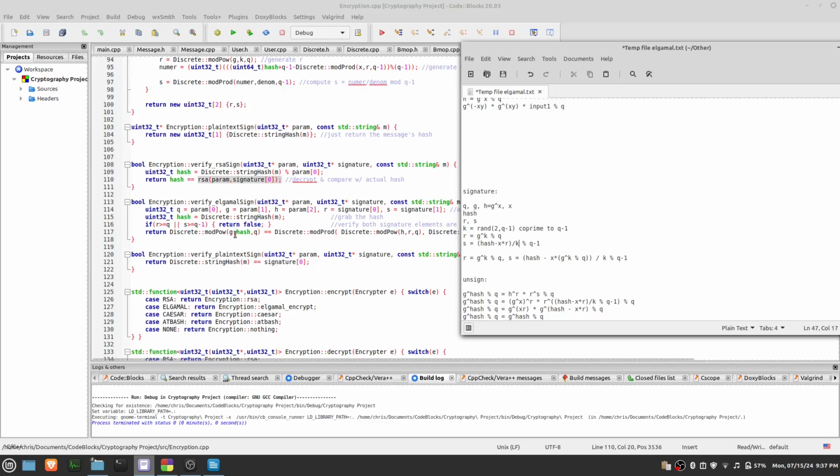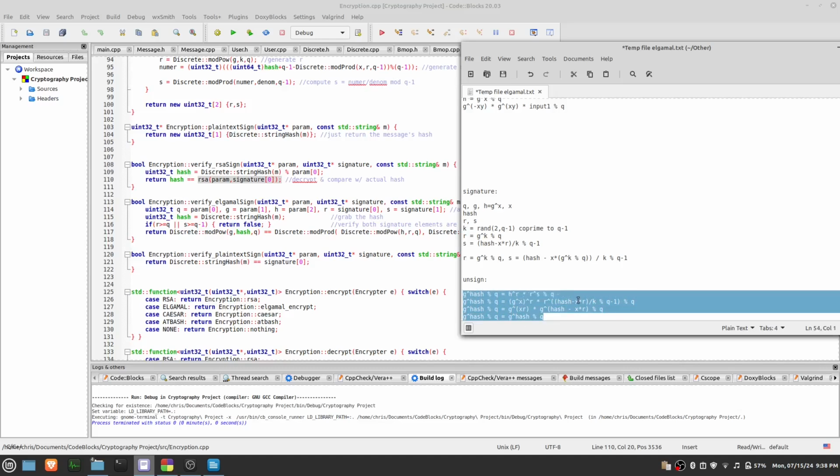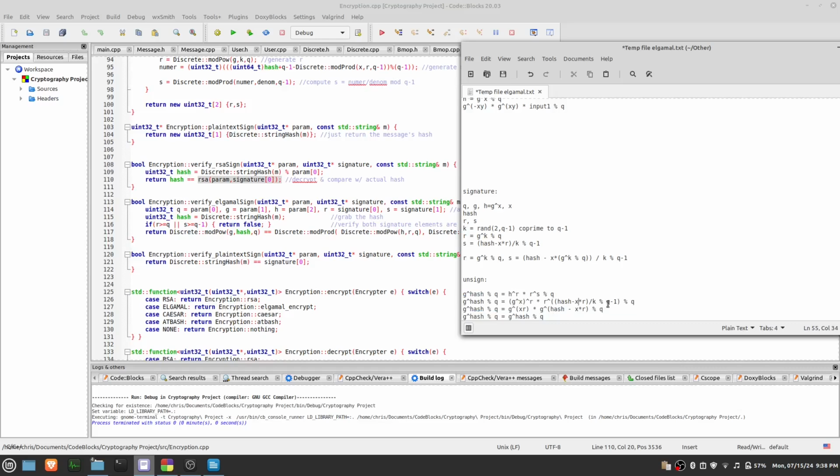And then finally, we make sure that the generator to the power of the hash is equal to h to the power of r times r to the power of s. And through a bunch of modular arithmetic, we find that they should be equal to each other.